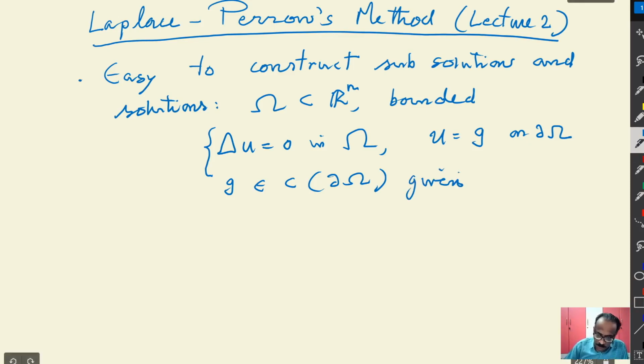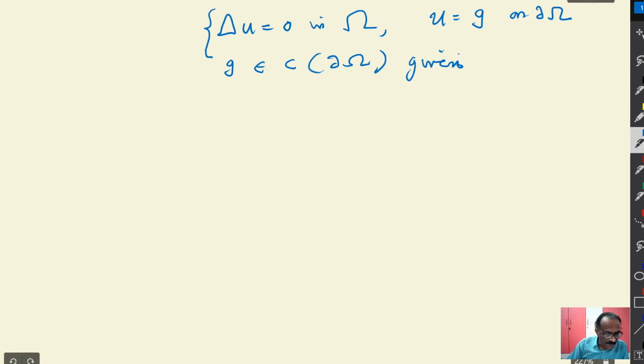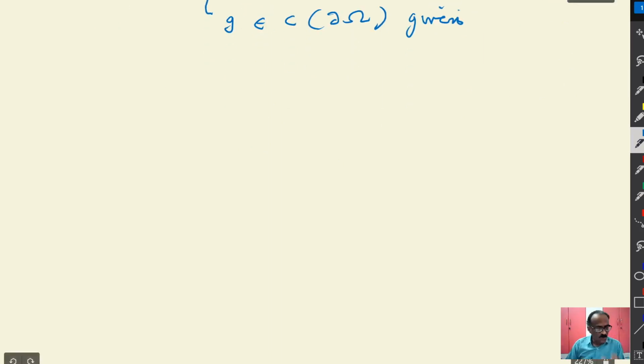Okay, so what we will be doing is using the maximum principle to get easy results.